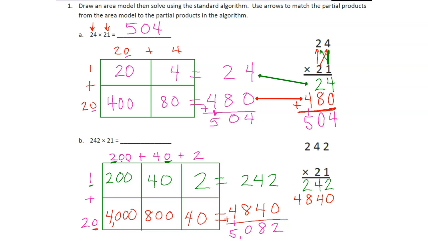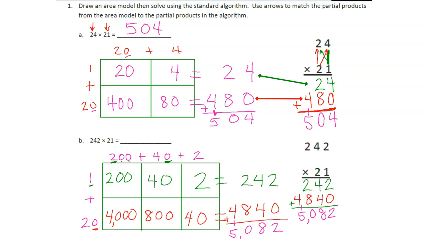And there we go. So now let's add our partial products up a second time. Even though we see we had the same numbers, it should come up with the same thing. So we had 2 ones, 8 tens, 10 hundreds, or 1,000. 1,000 plus 4,000 is 5,000.